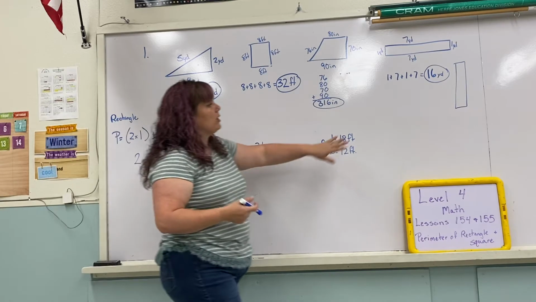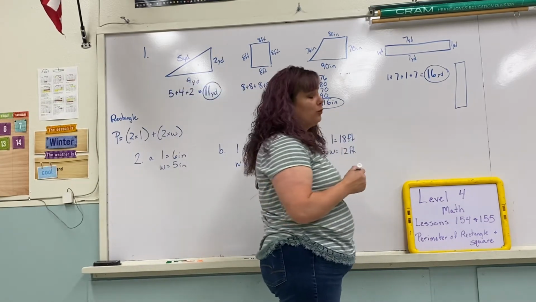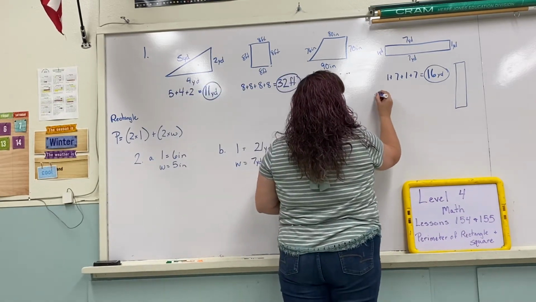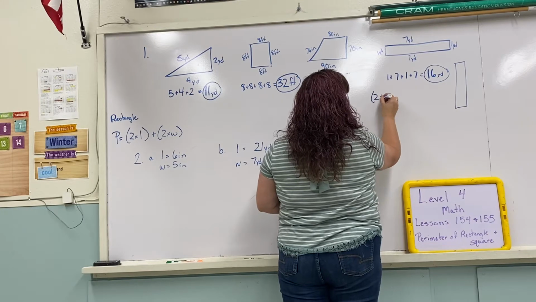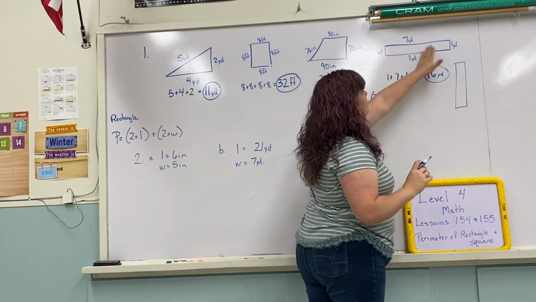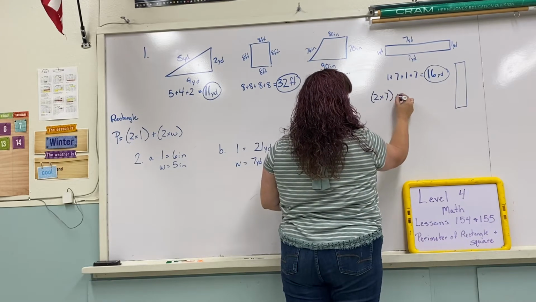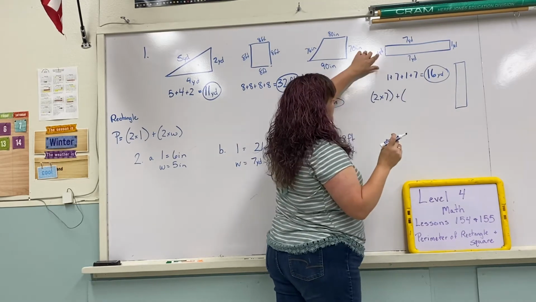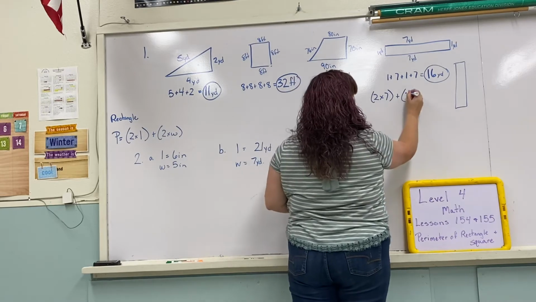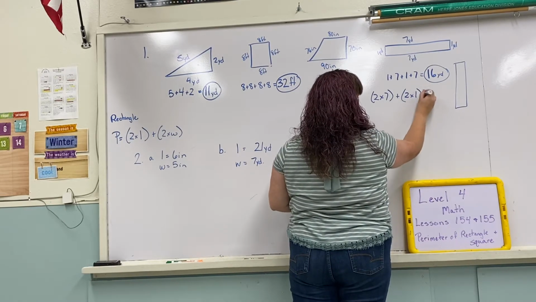So if we came over to this rectangle and used this formula, we would have 2 times, what's the length? 7. 2 times 7 plus, what's the width? 1. 2 times the width, 1.